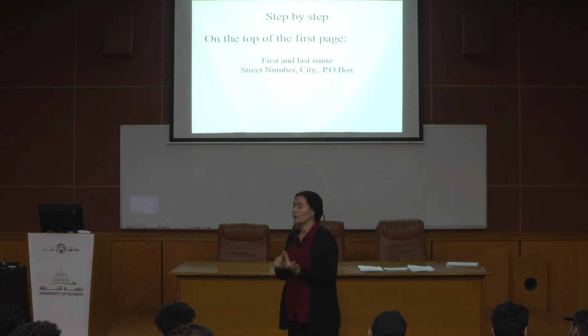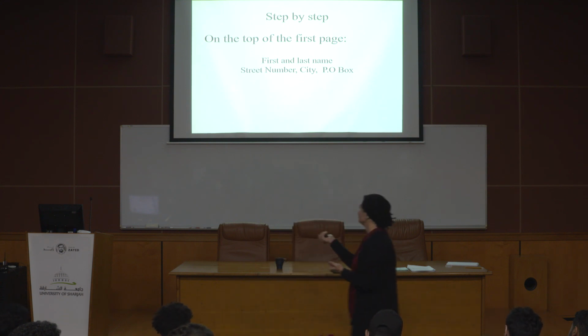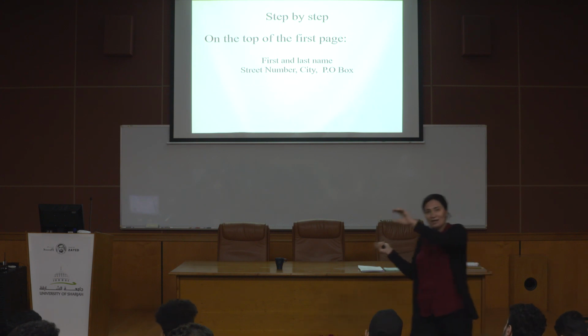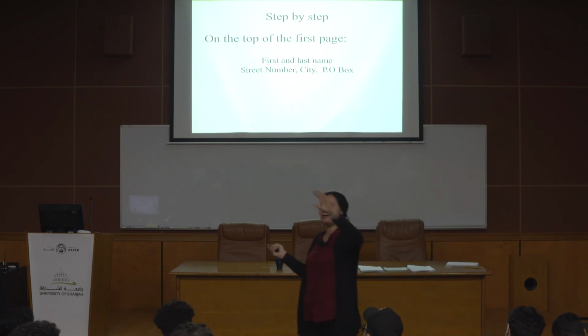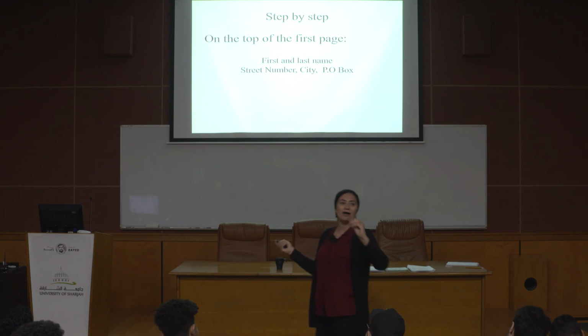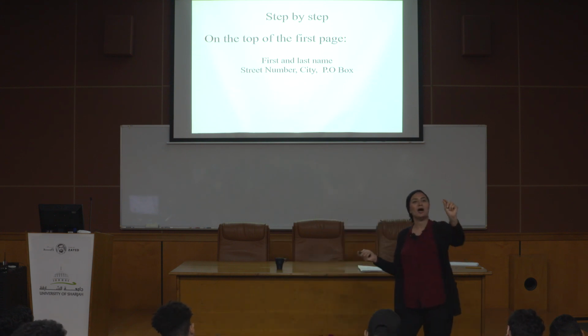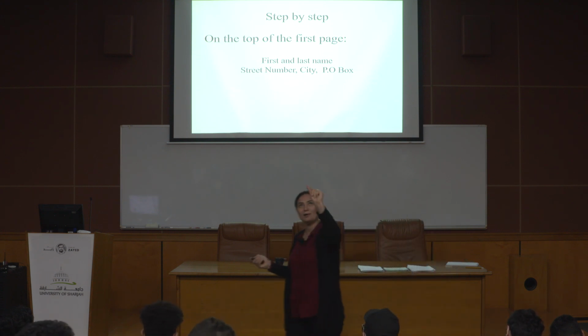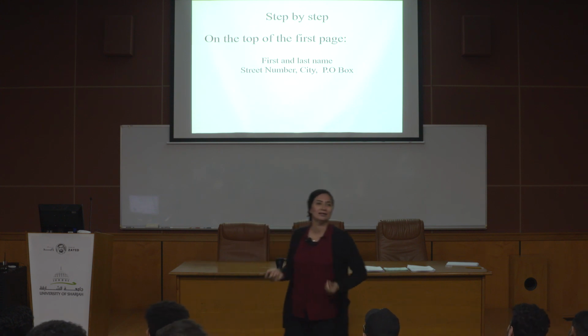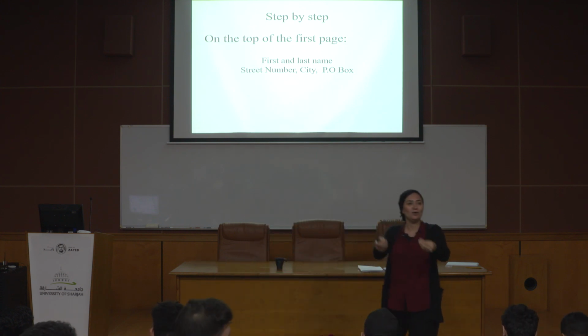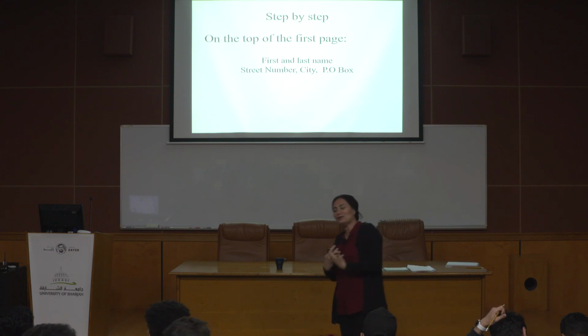Done? Originally, I get full addresses with the apartment number, I swear. I receive sometimes CVs with the apartment number, building number, apartment number, and I don't know why. Are we coming to your home to decide if you're going to work with us or not?